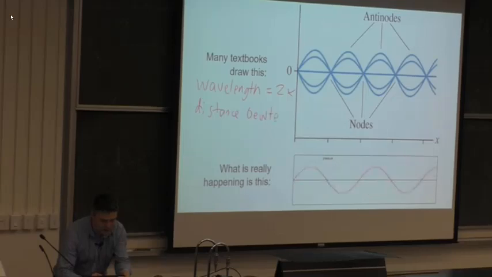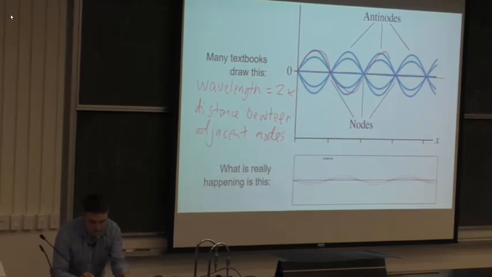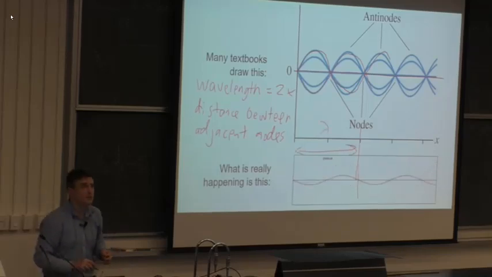This is a factor of 2 that everybody gets wrong. And it's a good question for a test. Because what this represents is that it's going up and down like this at one time, and then later it's going like this, straight, where everything's just flat, and then later it's going like this. But the wavelength is actually this distance from here to here. Do you get me?